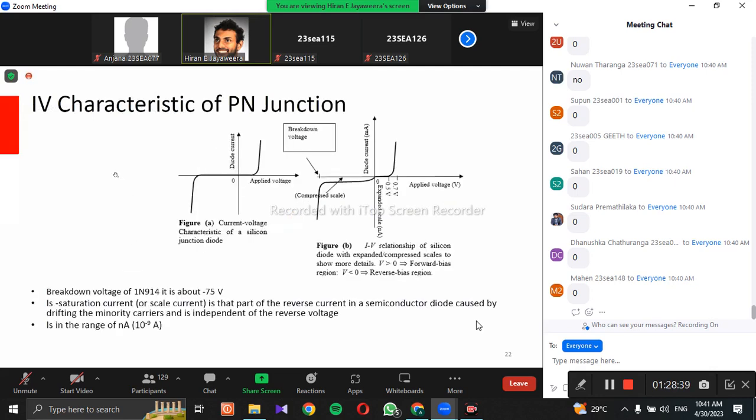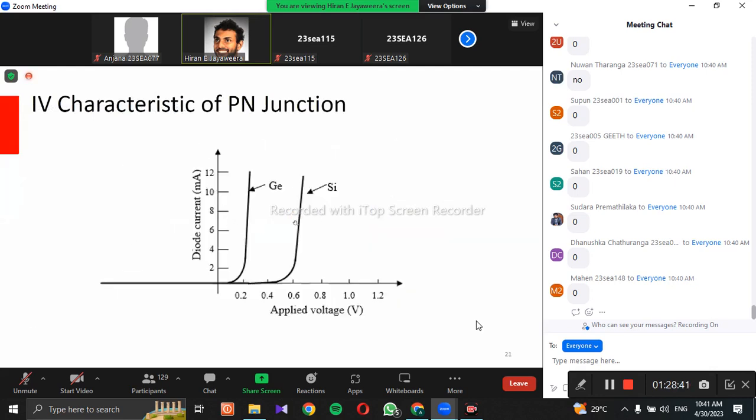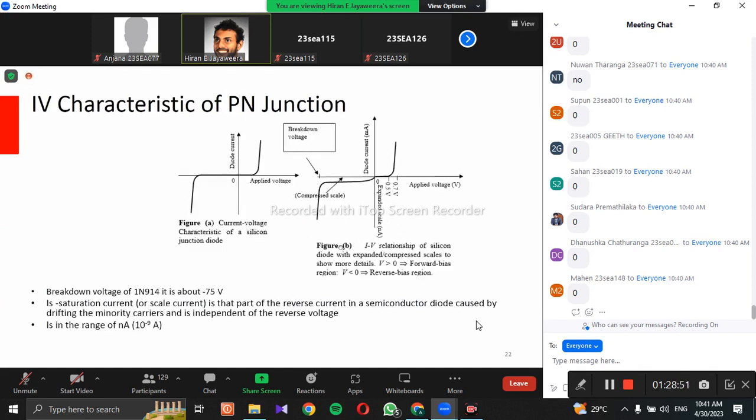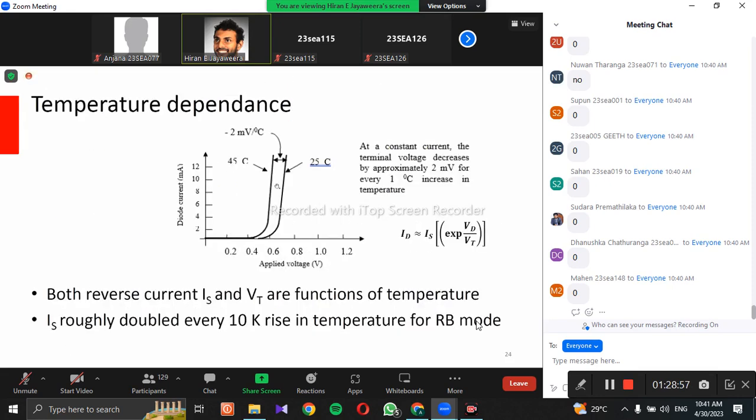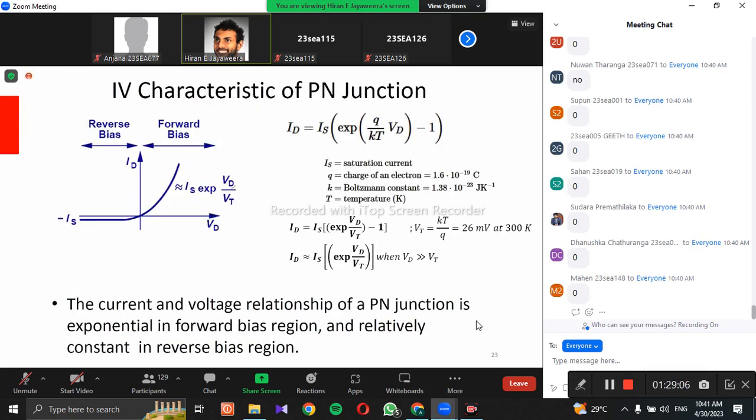Right. So again, the characteristic curve. So silicon and germanium. For silicon, your barrier potential is something like 0.7, and for germanium it's like 0.2, right? Yeah, we have seen this one. And the temperature dependence. This is something important to understand. So we discussed this parameter, right? VT is kT over q.